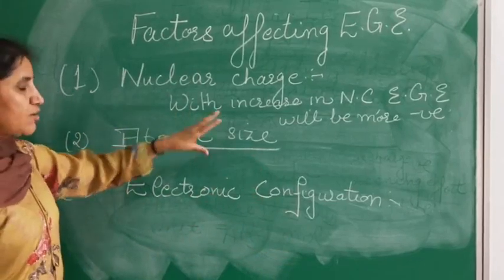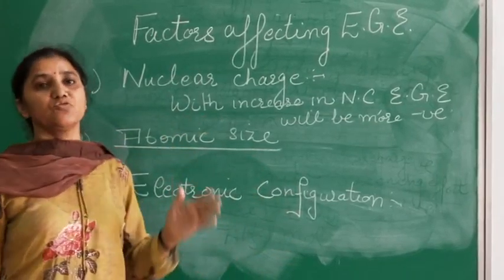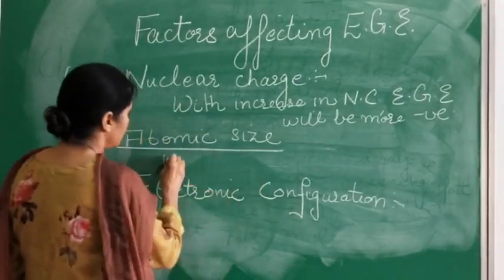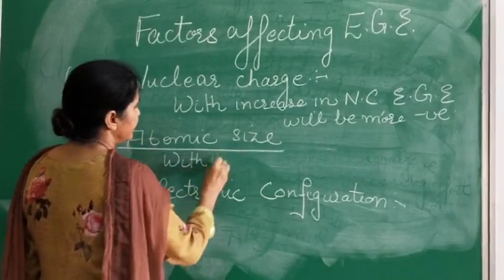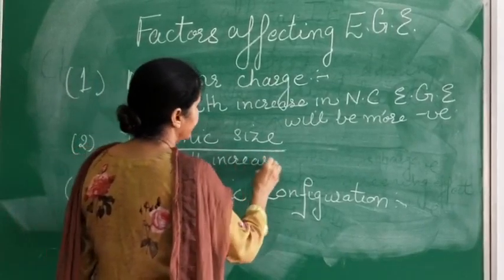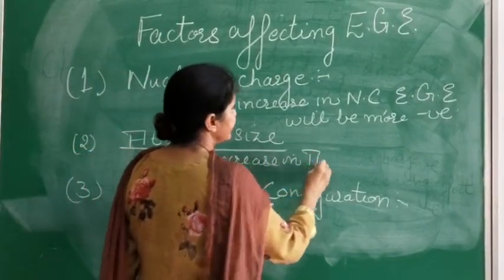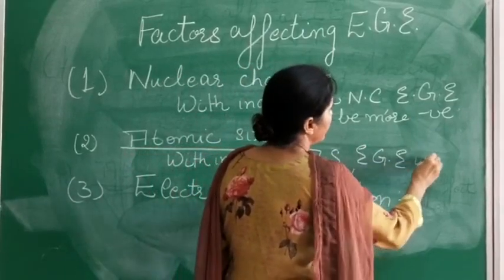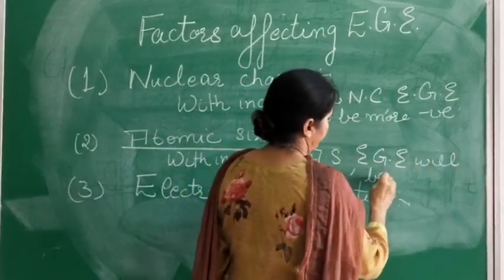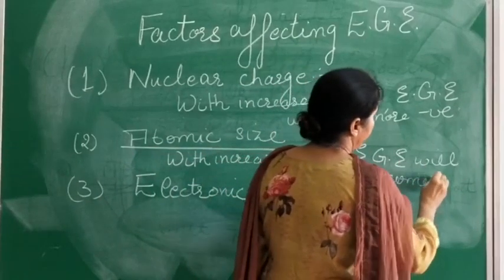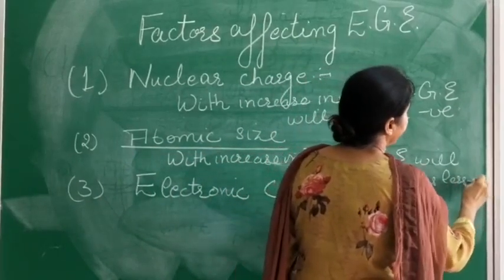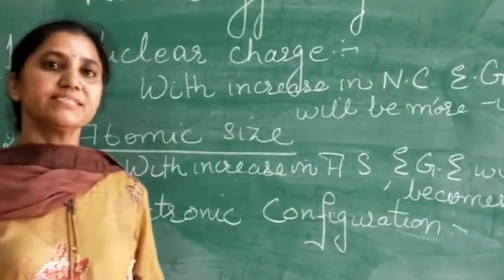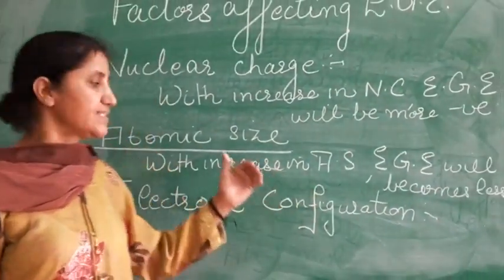So with increase in atomic size, the electron gain enthalpy will become less negative because it feels lesser attraction towards the nucleus and will not be accepted with that ease.